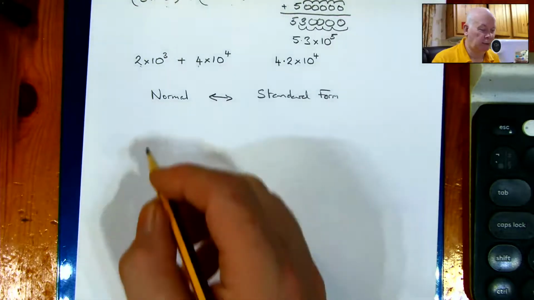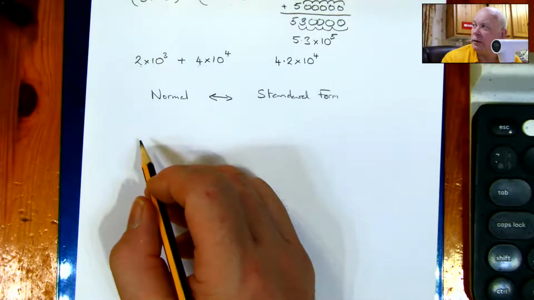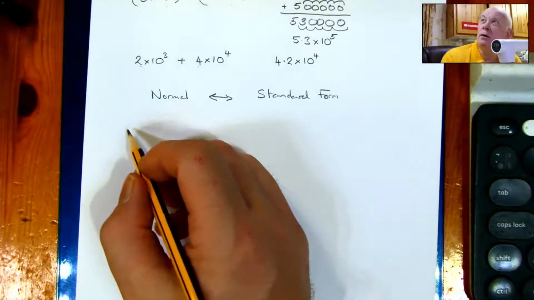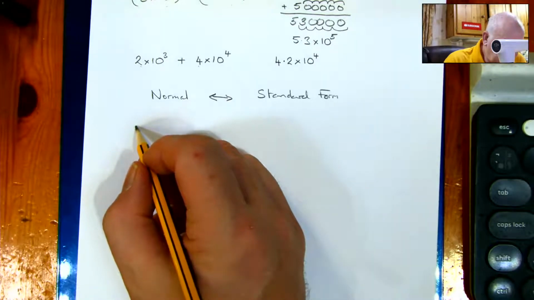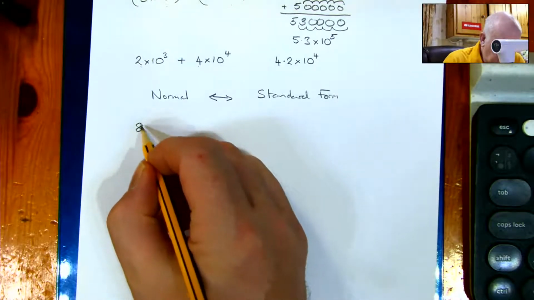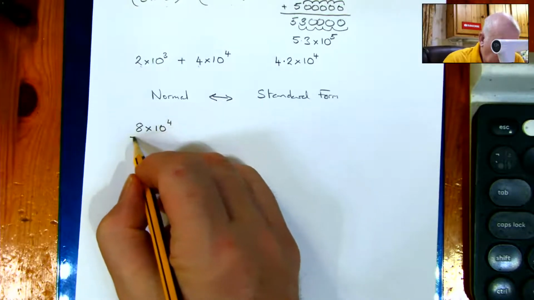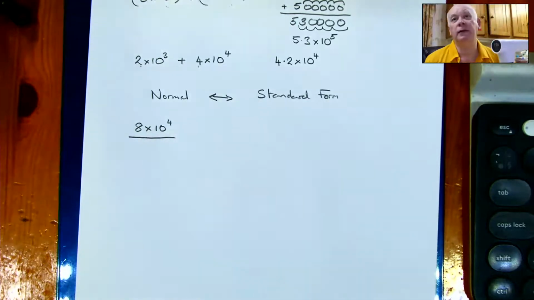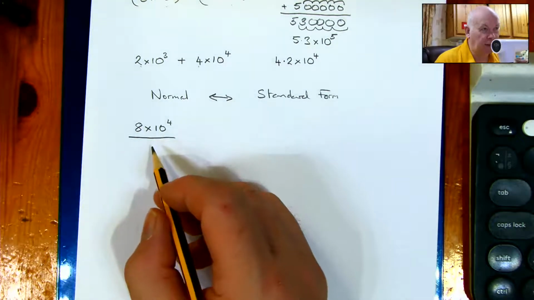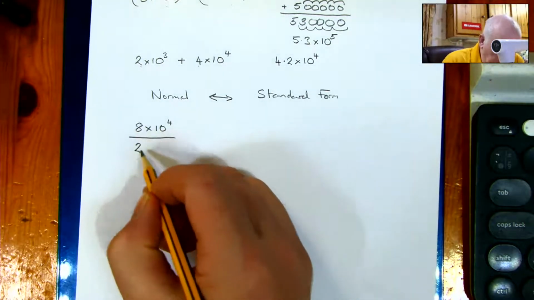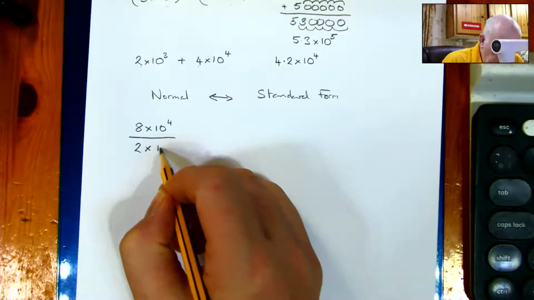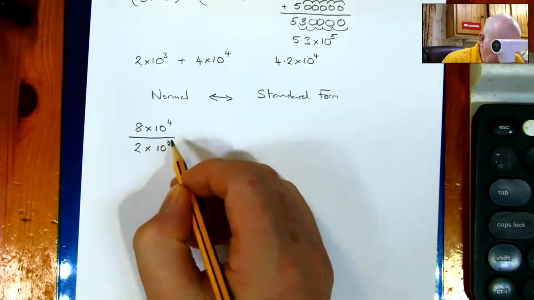And let's have a look at two numbers that are going to be divided by one another. So let's take a simple sum here, which is 8 times 10 to the 4, and I'm going to divide that by another number. And let's have this one divided by 2 times 10 to the 2.